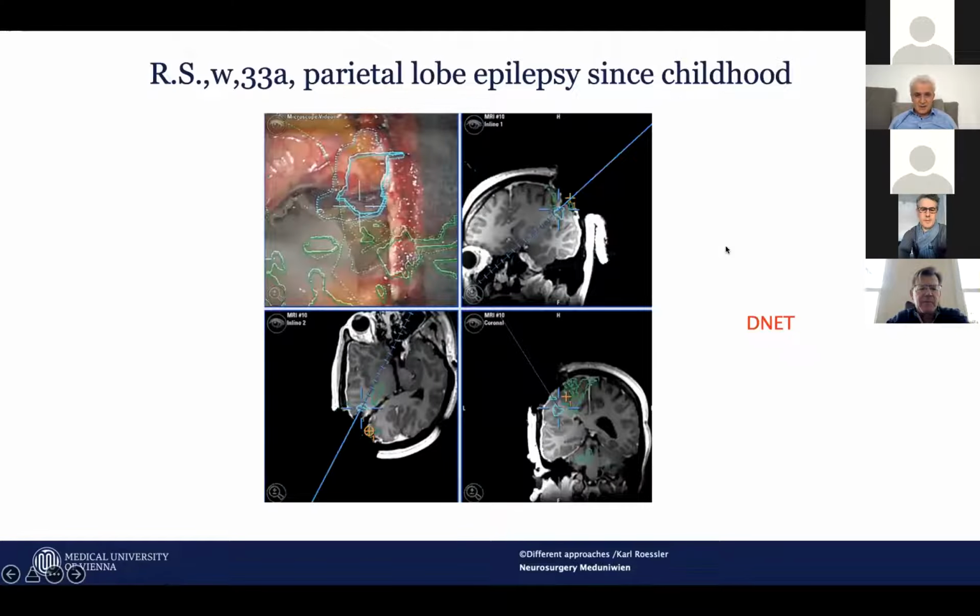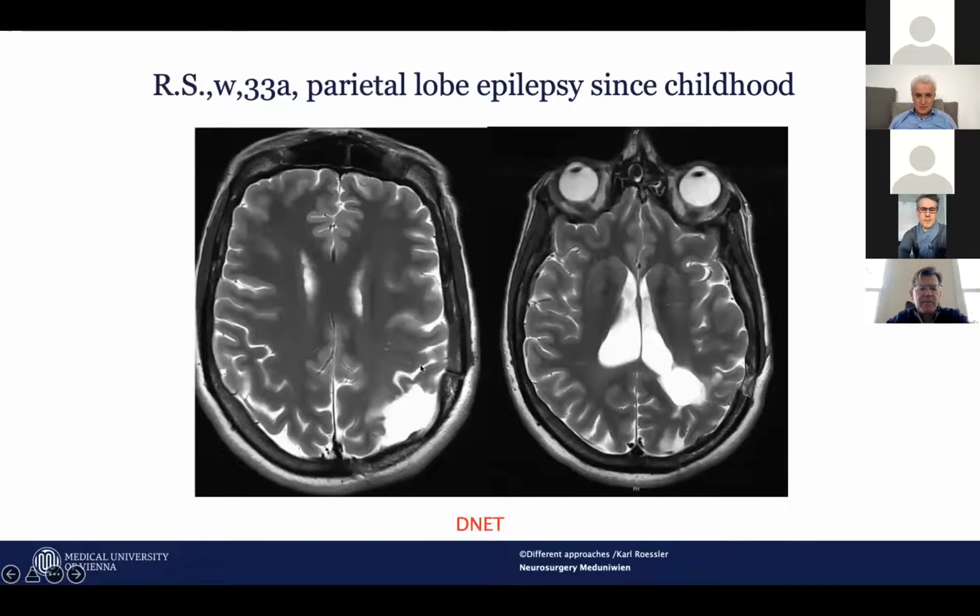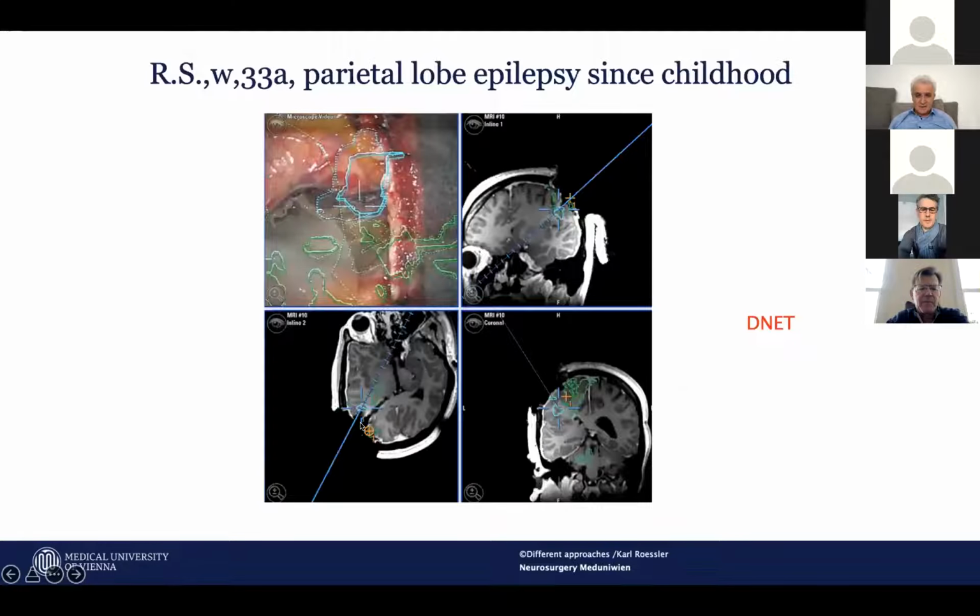And so we also used the grids intraoperatively for stimulation and mapped the motor cortex, and we used the intraoperative MRI for being sure that we had resected the pre-planned target area, also this cortical area in the posterior part of the lesion.